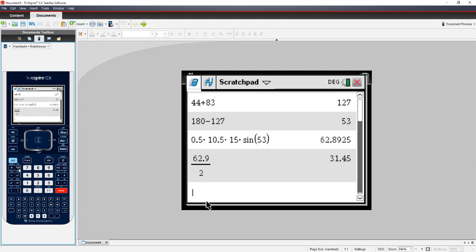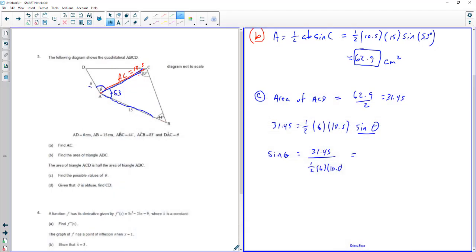So if this is the case, then theta will equal the sine inverse of that. Once I find that angle, I will take that answer and subtract it from 180, and that'll give me the other answer. So there are two possible answers. I'll just make the calculator do it from here.